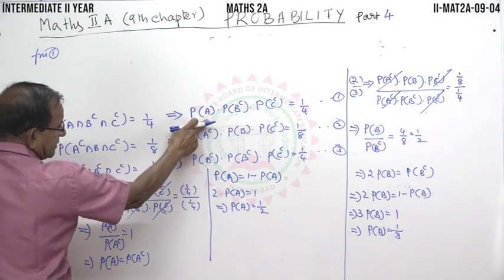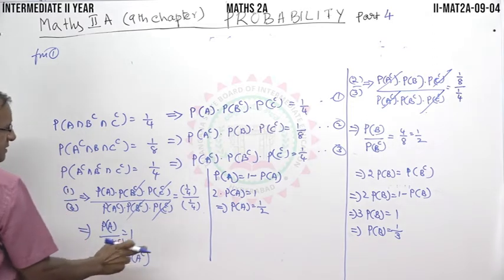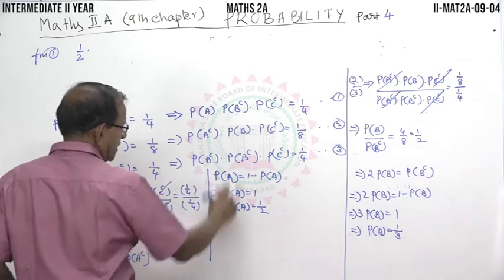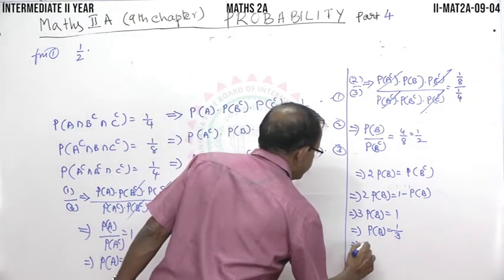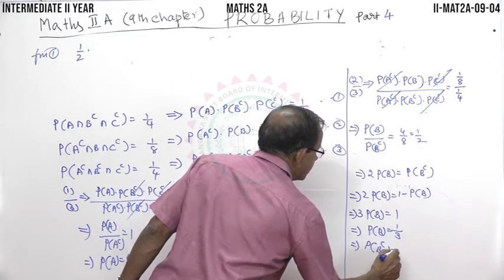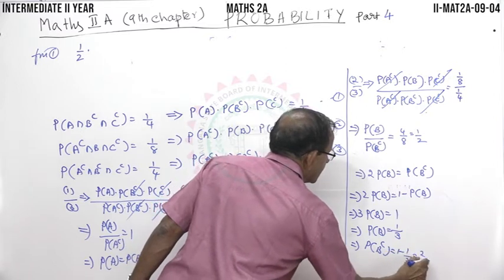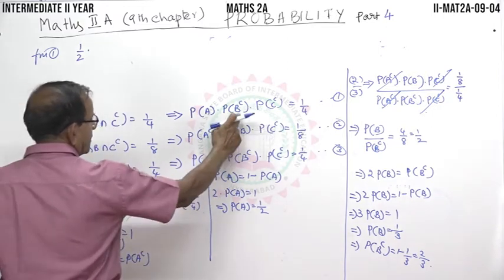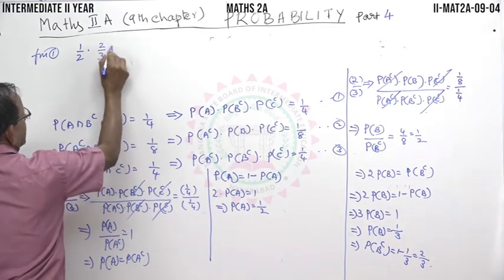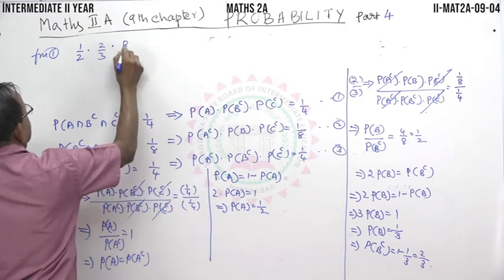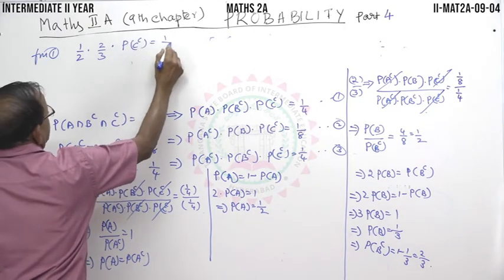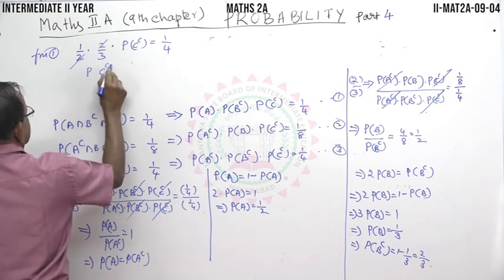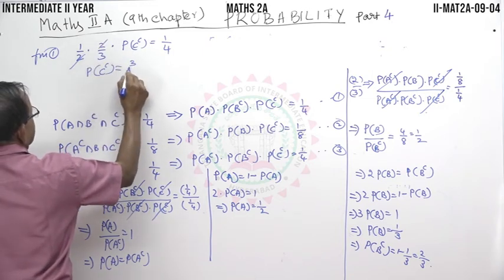P of A is 1 by 2 into P of B complement. This implies P of B complement is equal to 1 minus 1 by 3, 2 by 3. So P of B complement is 2 by 3 into P of C complement is equal to 1 by 4. This 2 is cancelled. So P of C complement is equal to 3 by 4.